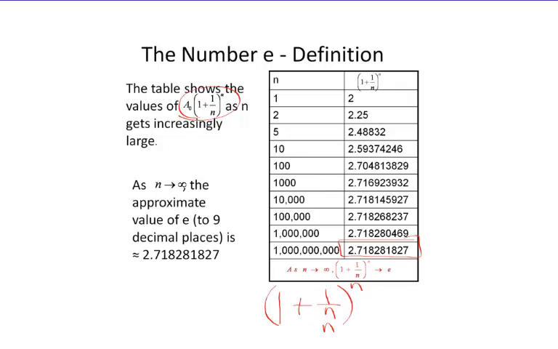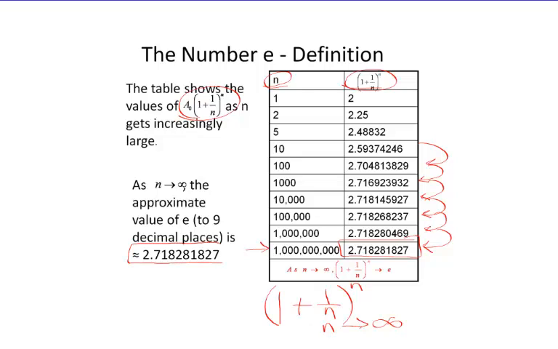As input values of n get really, really big, and you can see here we're up to 1,000,000, the corresponding output values settle really close to a value of 2.718281.